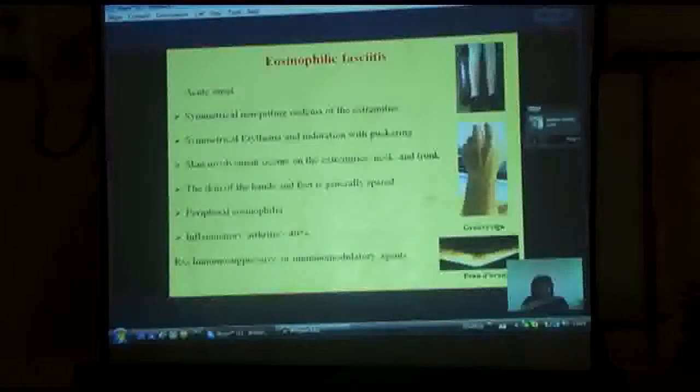They always have peripheral eosinophilia, and inflammatory polyarthritis is seen in 40% of these patients. As you can see, the classic groove sign and peau d'orange are due to skin induration. Treatment is with immunosuppressives and immunomodulatory drugs.